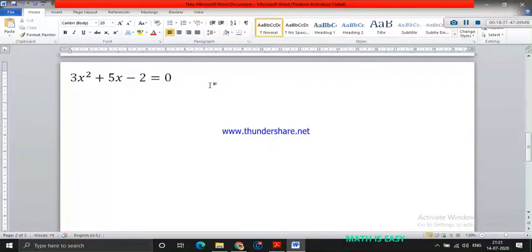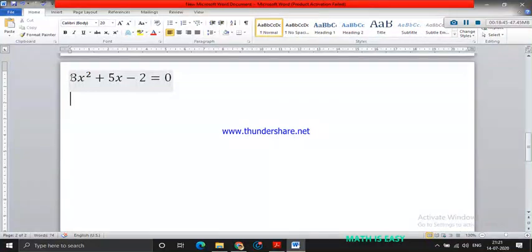Okay. So I am going to use splitting the middle term. If you recall, I have to multiply the coefficient of x square, which is 3, and the constant term, which is minus 2. So 3 multiplied by minus 2 is equal to minus 6.